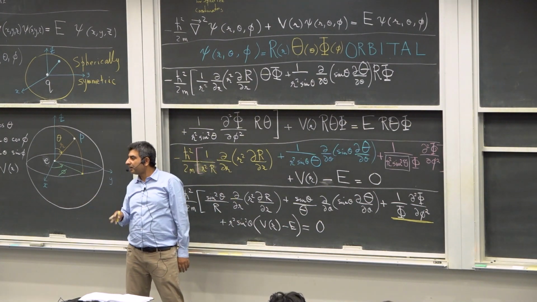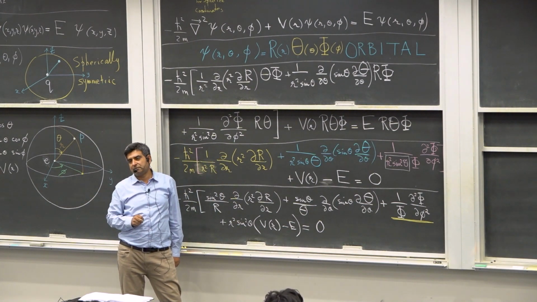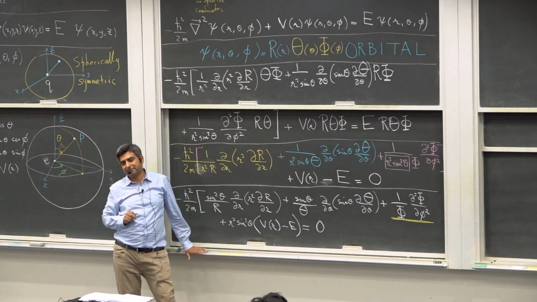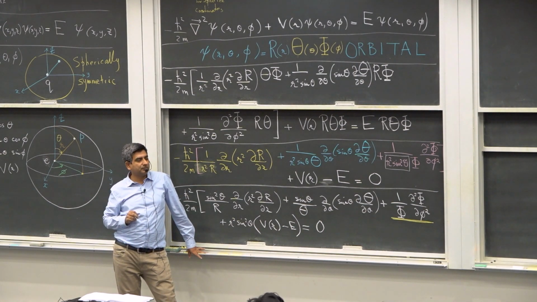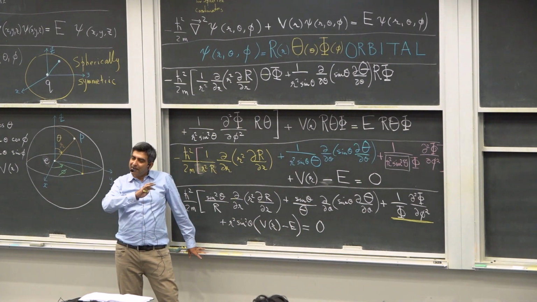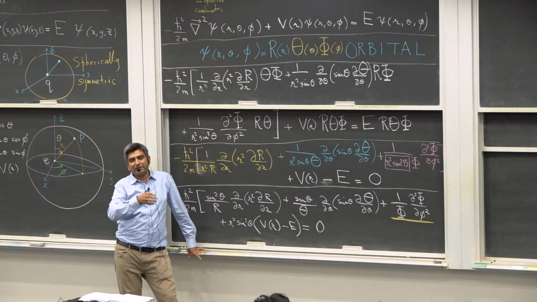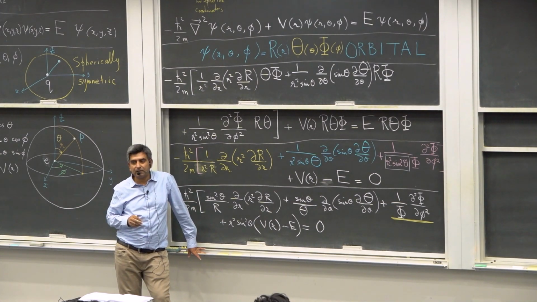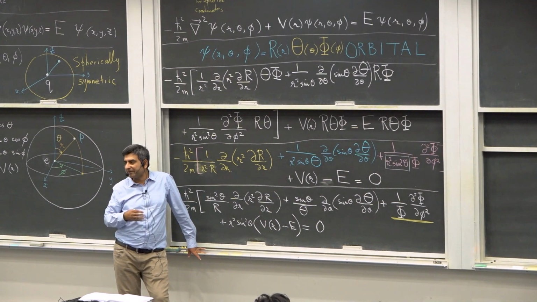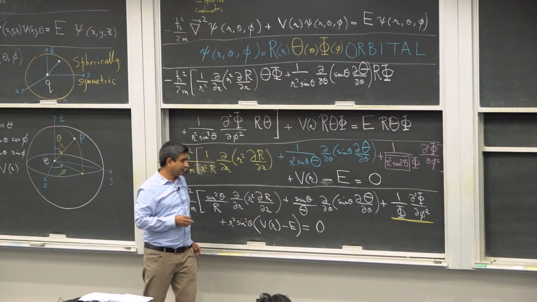This term doesn't have any r in it. It doesn't have any theta in it. Right? It only has phi dependence. So I could take this to the other side of the equation. Right? Let me take this to the right hand side.